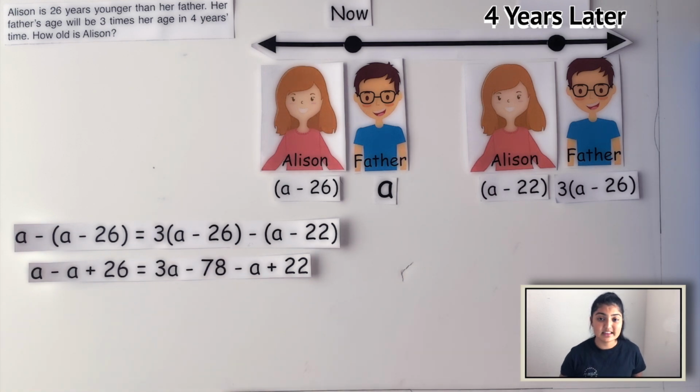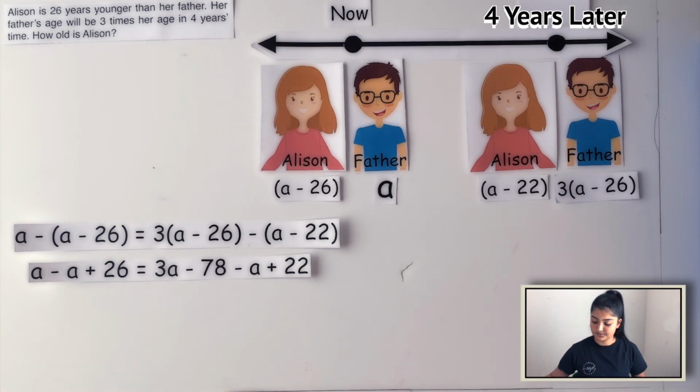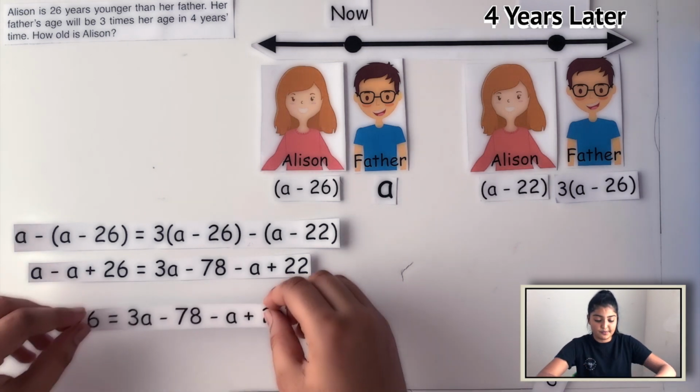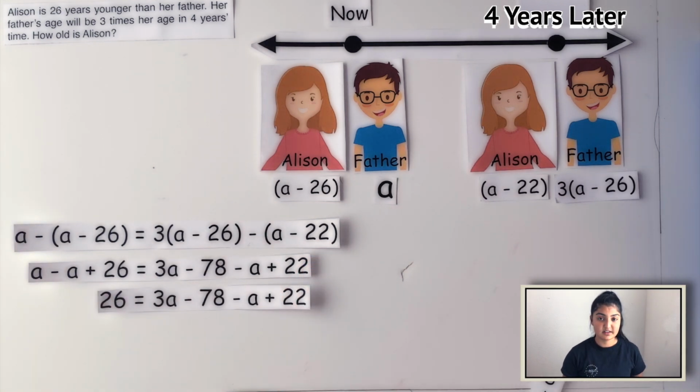So now let's combine like terms on the left side of the equation. A minus A is 0. So this gives us 26 on the left side of the equal sign.